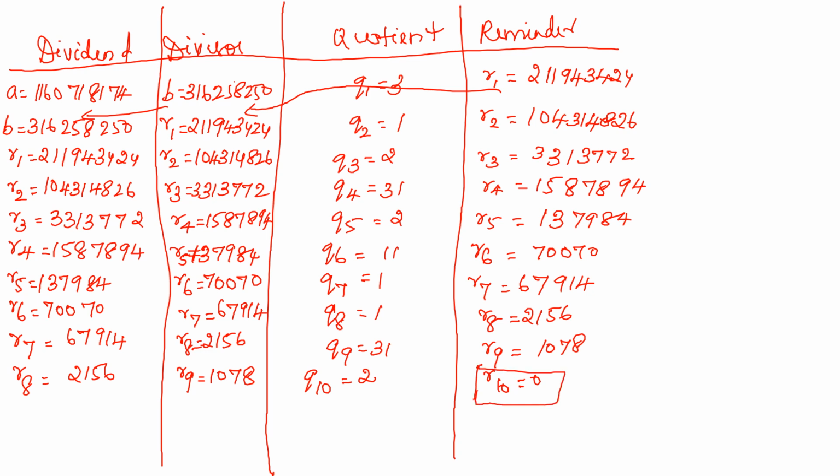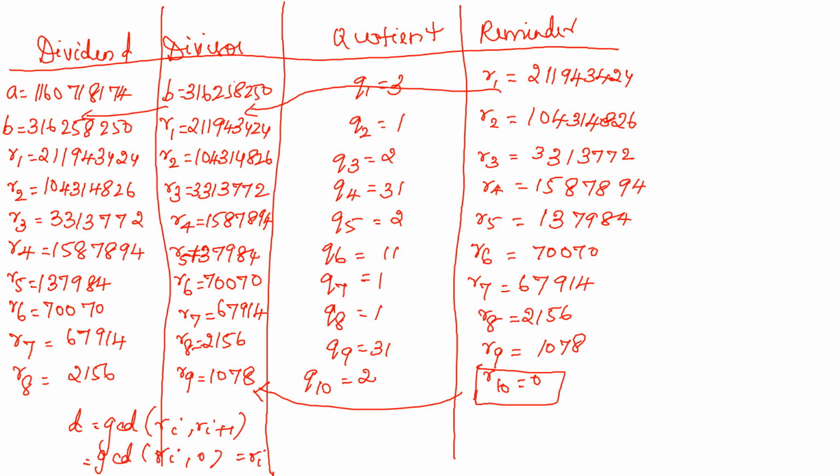So until your remainder becomes 0, what will be the value of your GCD? GCD will be equal to your first value, that is your R9 value. So you are going to do that D is equal to GCD of Ri comma Ri plus 1. So when Ri plus 1 is equal to 0, GCD of Ri comma 0, you will have the GCD equal to Ri.